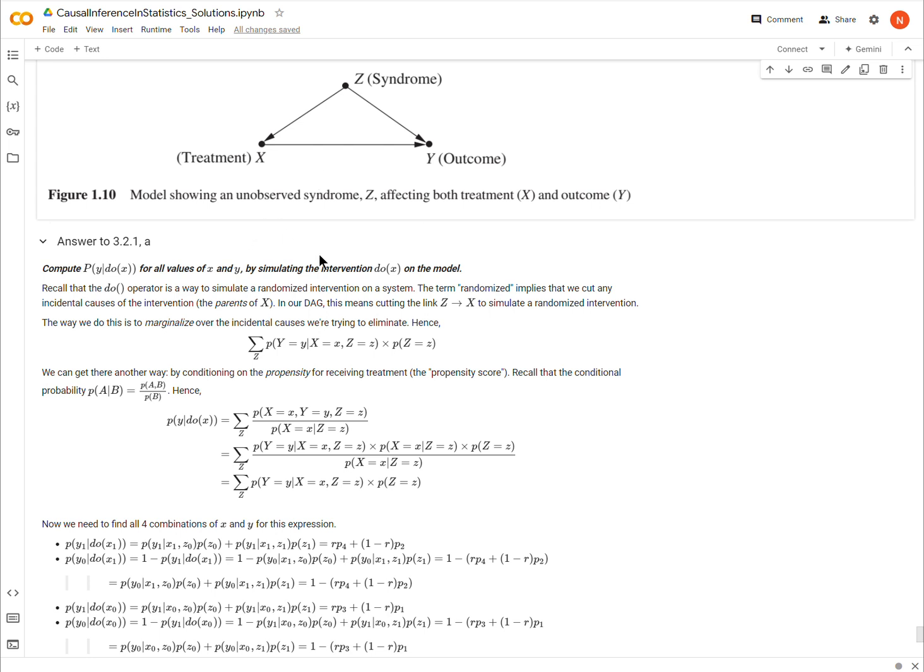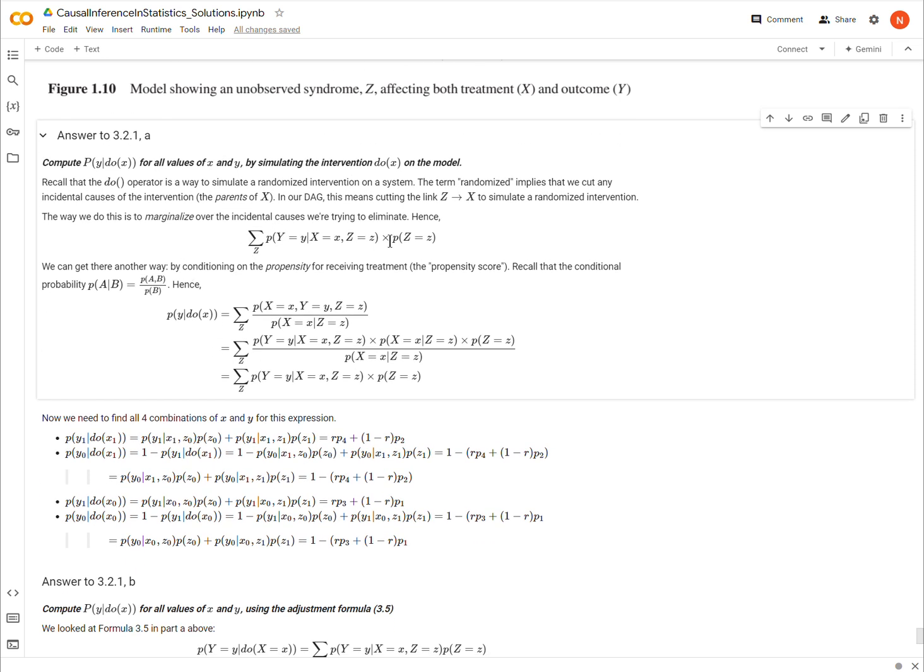We do this with this expression, where we marginalize over the confounding variable, in this case Z. We take the conditional probability of Y given X and Z for all possible values of Z, and by doing this we are marginalizing out Z. In other words, we are looking at the probability of Y across all different values of Z. That's the expression right there.